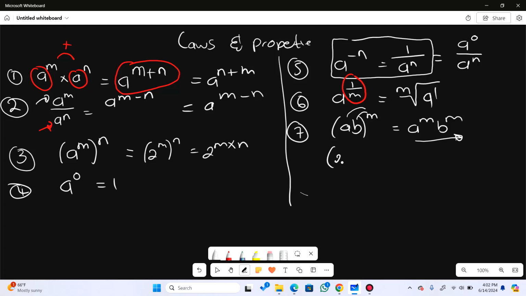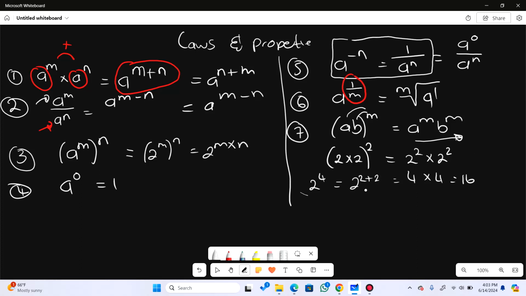So for instance, if I have 2 times 2 raised to the power 2, what will I have? I'll have 2 raised to the power 2 times 2 raised to the power 2, which is 4 times 4, or is 2 plus 2. See how nice is maths? Maths is very nice. So we get 2 raised to the power 2 plus 2, or rather, we can have 2 squared is 4 times 2 squared is 4, and then 4 times 4 is 16, which is the same as 2 root 4.